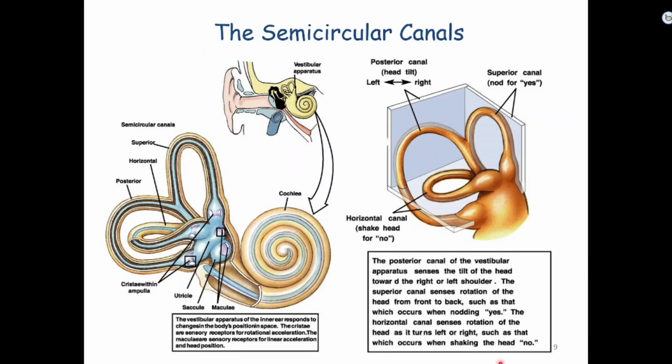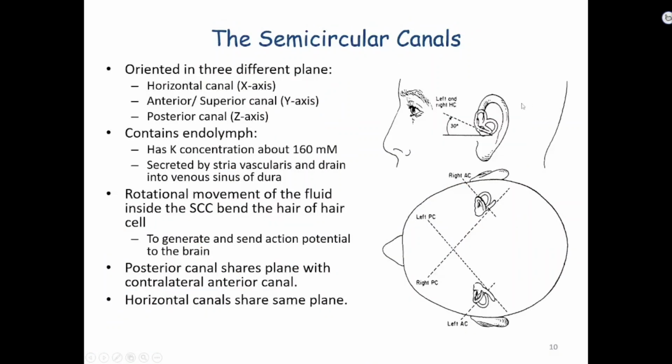This is the anterior semicircular canal, which is making, if this is the sagittal plane here, let me draw the sagittal plane so you can make out. I cannot. Oops.